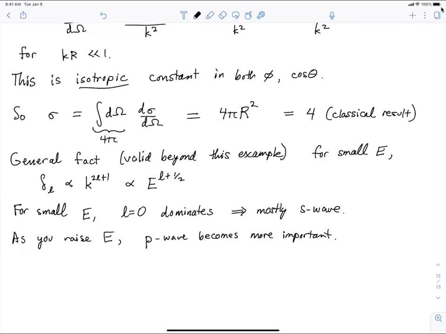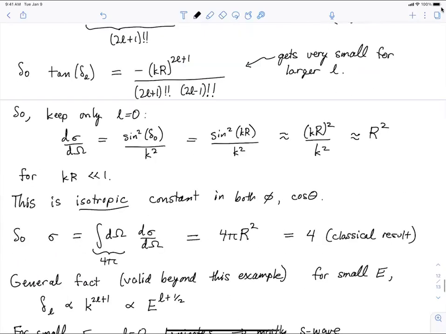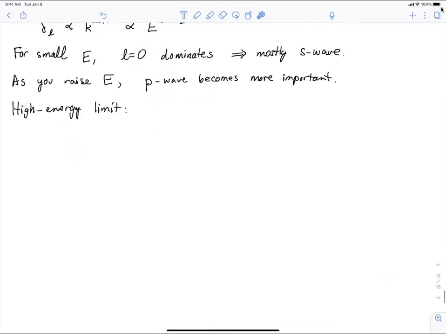Okay, so now what happens if you take the other limit, the high energy limit? Then this expansion is eventually going to fail, even for this case where you have these double factorials in the denominator helping you out. If kR is very large, then the expansion just doesn't even work. Right? And so in that case, many partial waves will contribute.